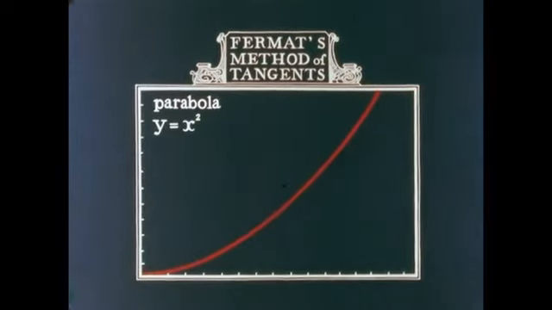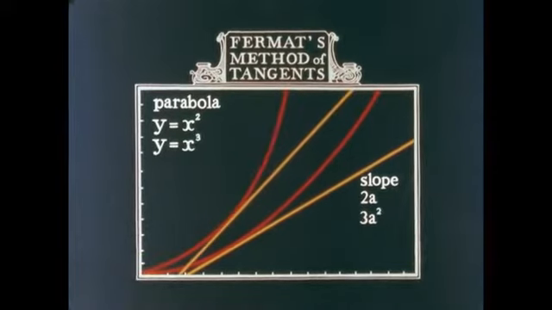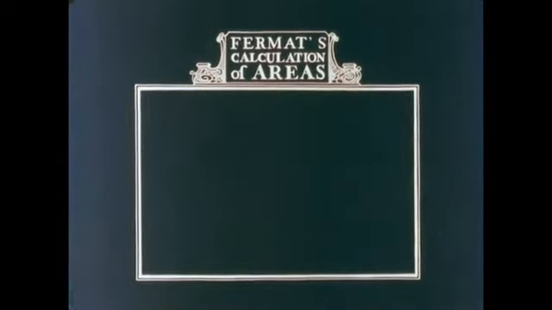In the same way, Fermat was able to look at his so-called higher parabolae and derive the tangents to them as well. He found tangents to y equals x cubed, y equals x to the fourth, and so on. But there was another aspect of his work, the calculation of areas.